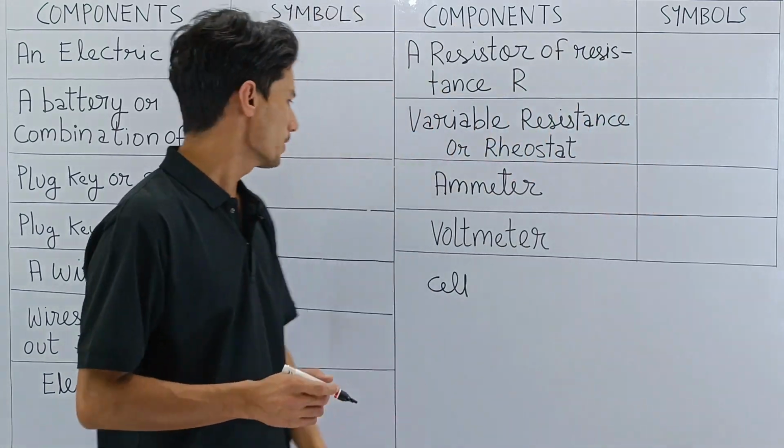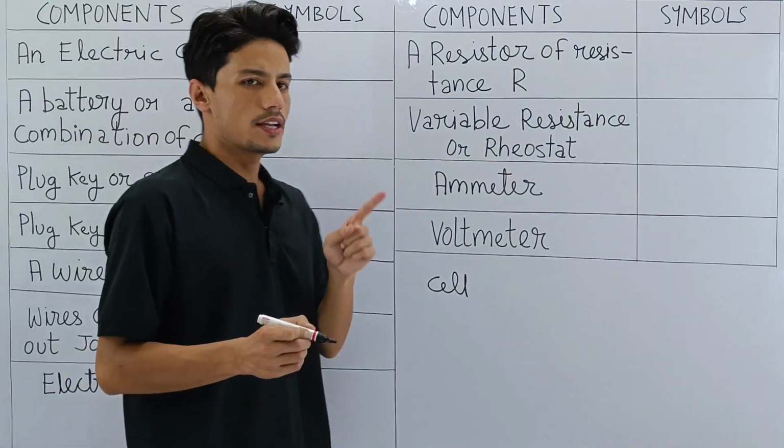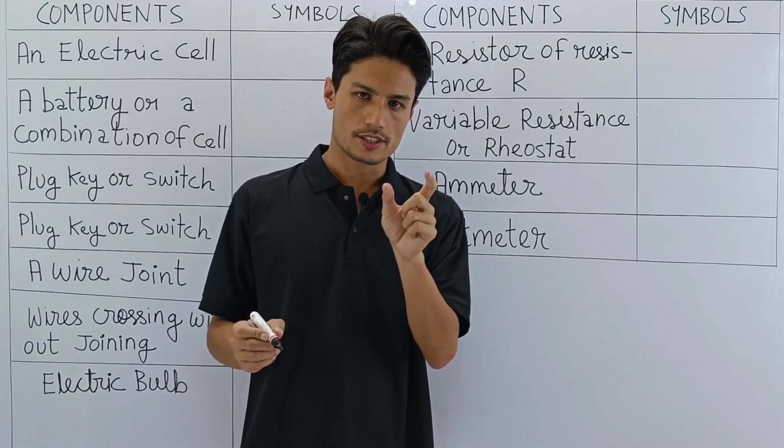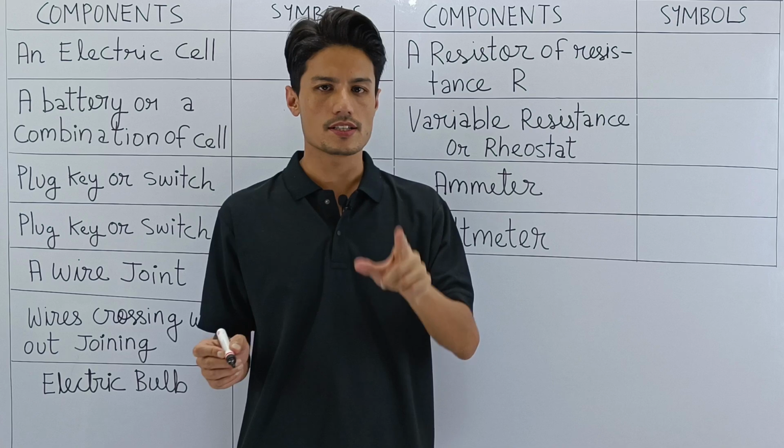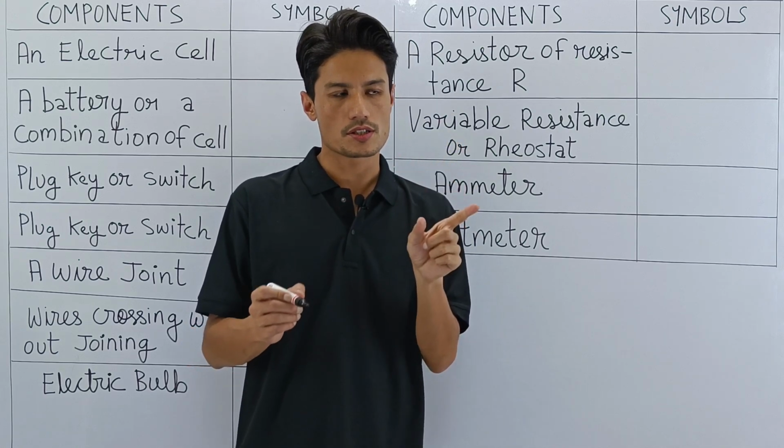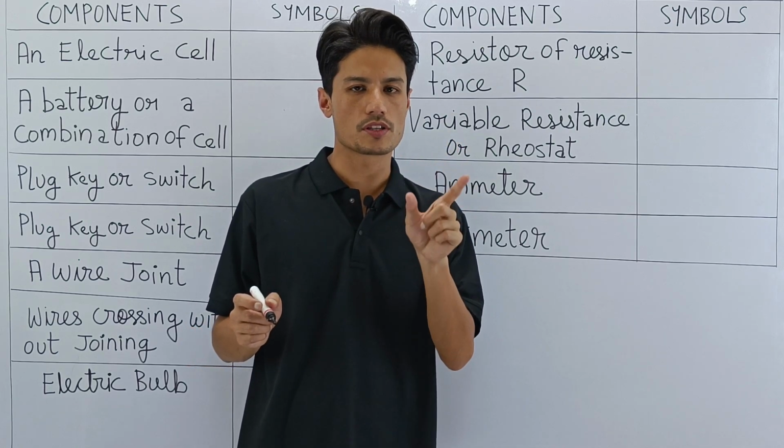So how to draw a cell? Very simple. A cell is the smallest charge, plus minus, and it has the power to give you a potential.